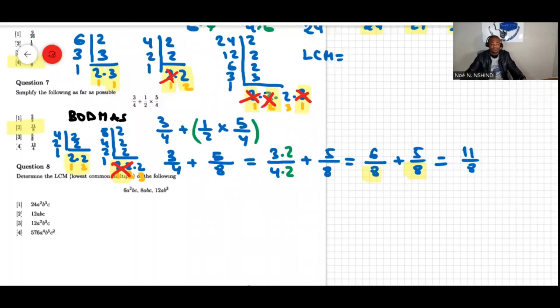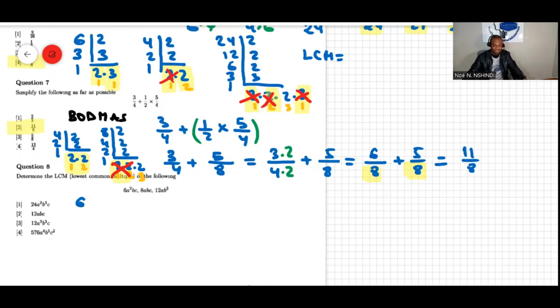Okay, this is the BNU 1501 2016 May/June exam. Question 8 says determine the LCM, meaning the lowest common multiple, of the following. Okay, so first of all, we are going to work out the lowest common multiple of the numbers 6, 8, and 12. Okay, so we're going to draw the factor tree for each number.